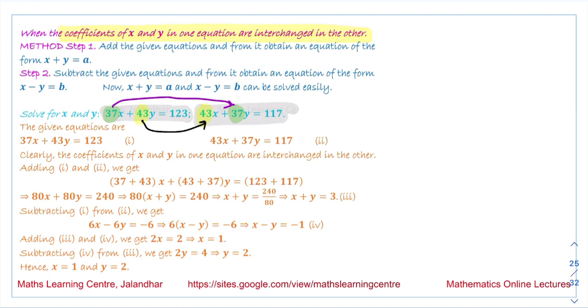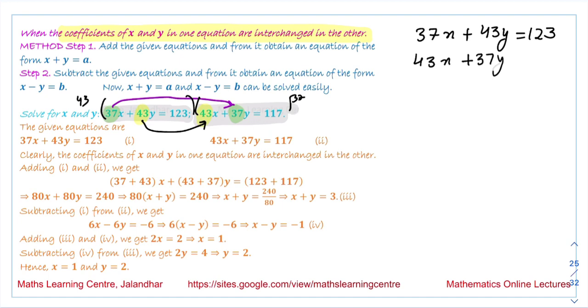To solve these types of problems, one thing you can do is use the previous method: multiply this equation with 43 and this equation with 37, and you can obtain the answer. That is one method. But particularly in these kinds of questions, we have one equation 37x plus 43y is 123 and the other 43x plus 37y is 117.